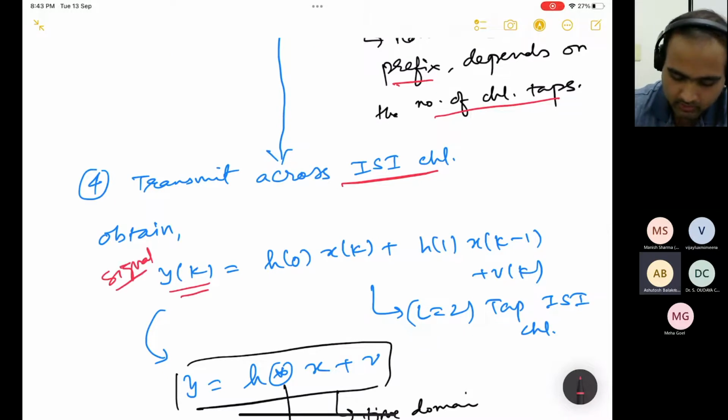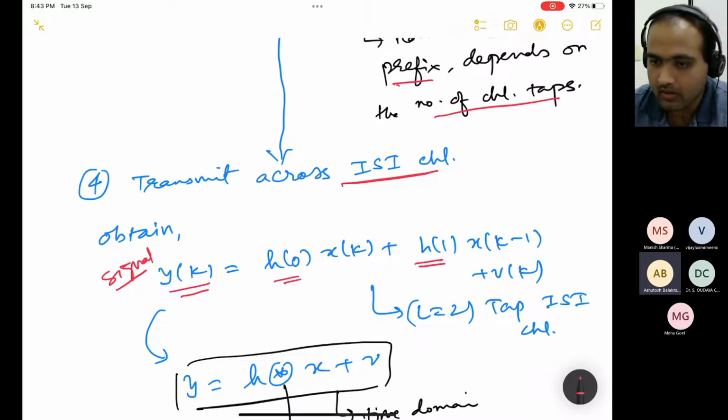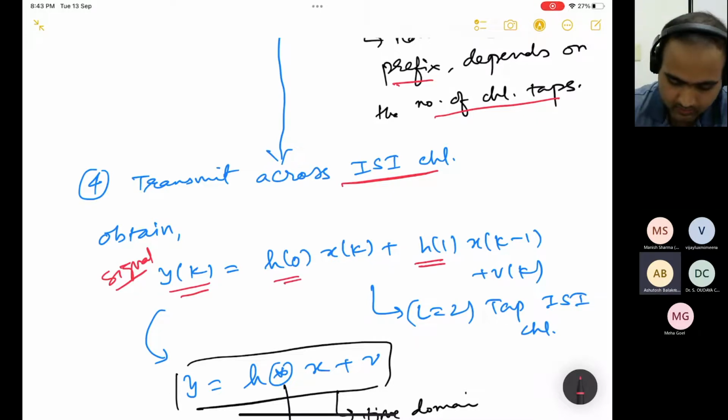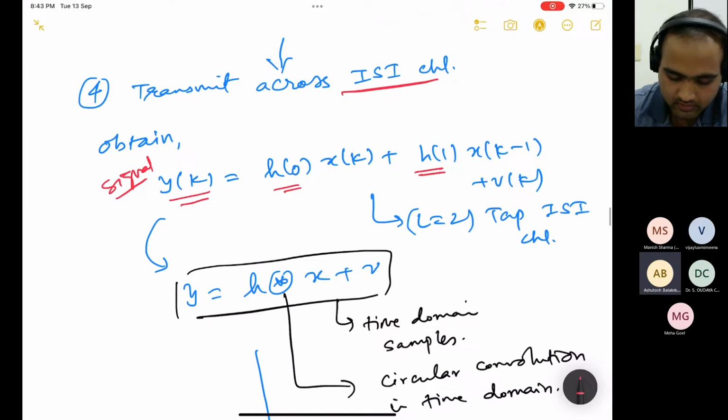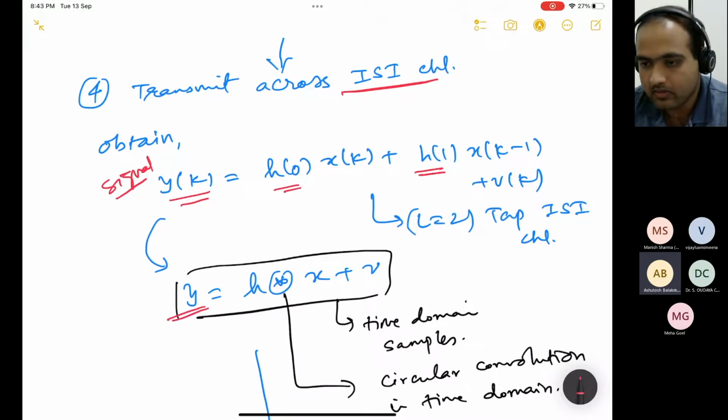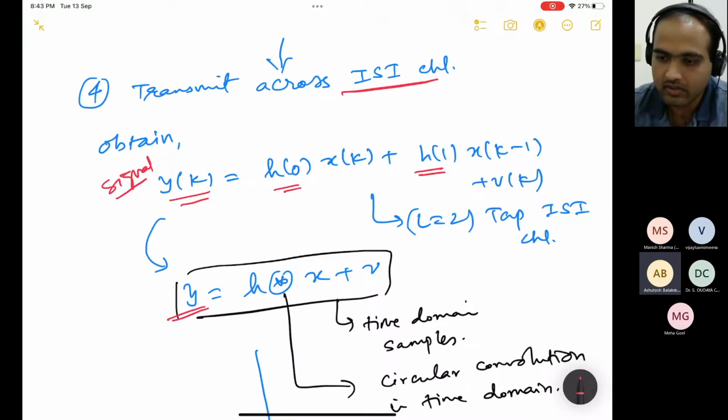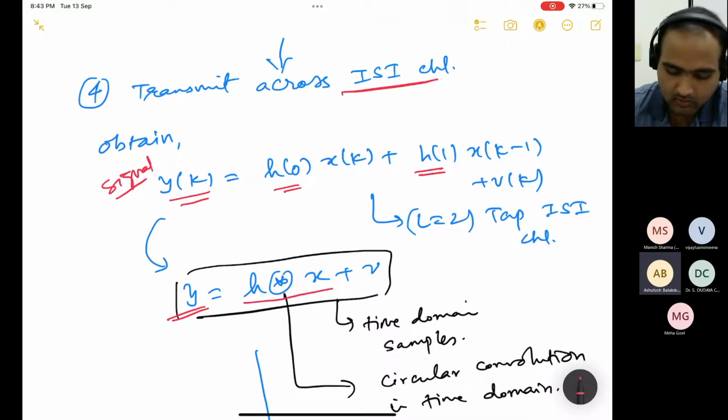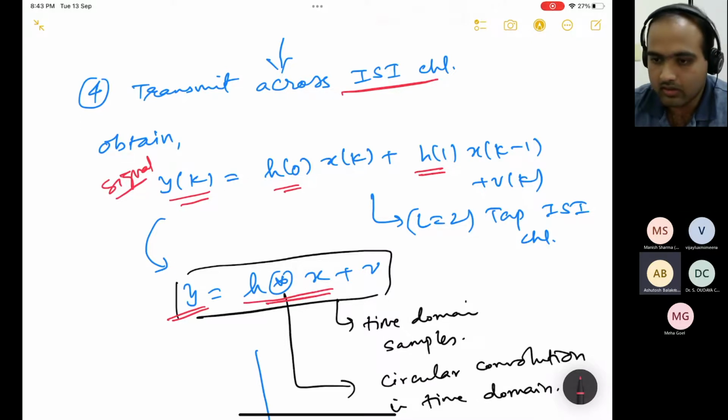We have two taps, H0 and H1, as we discussed last week. At the receiver, the symbols you receive are actually a circular convolution, so you need to perform circular convolution to receive the symbols, and then perform zero forcing again, which is a very complex process.